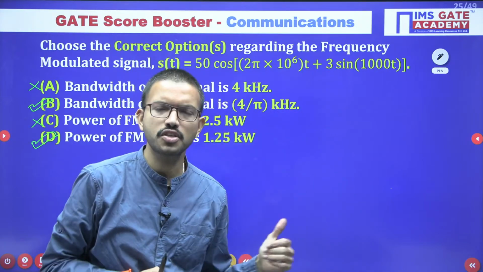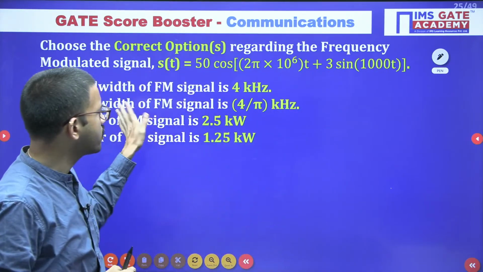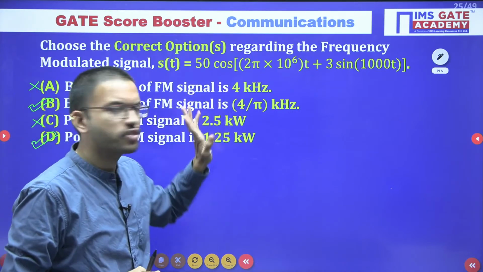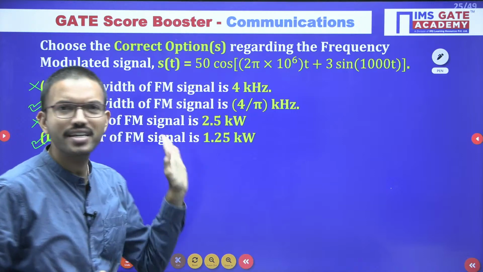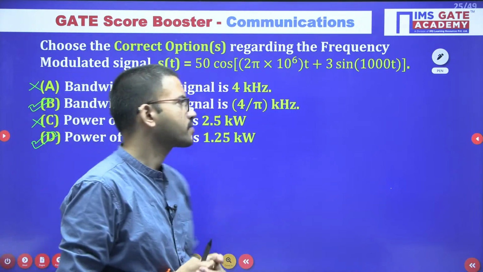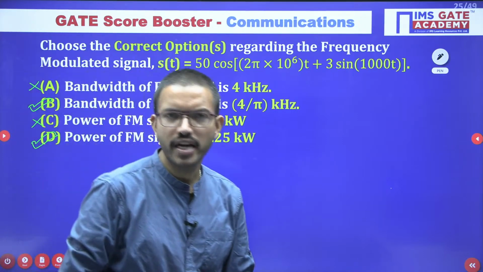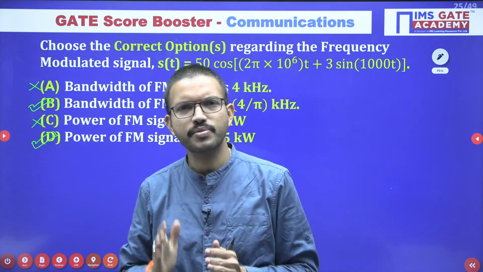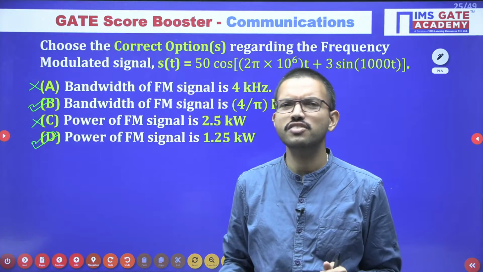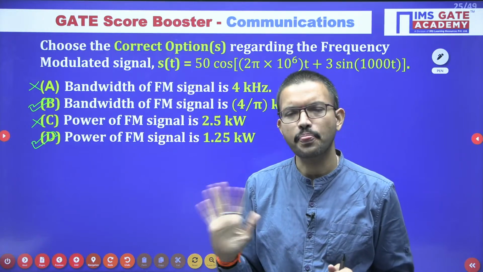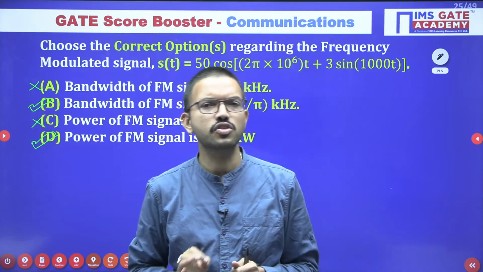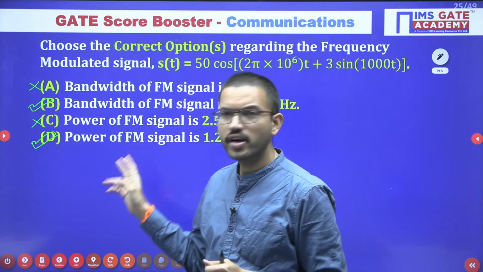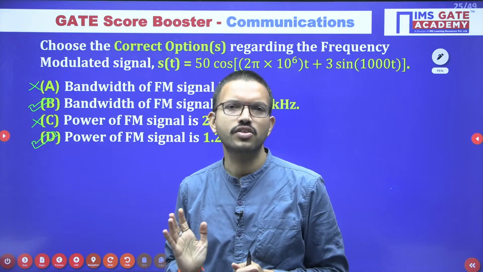Suppose the question is MCQ, and you have solved with respect to bandwidth and luckily got one of the two choices, then you don't need to verify the other two. That is the difference between MCQ and MSQ. If the question is MCQ, the moment you get the correct option, you don't need to verify the remaining options. But if the question is MSQ, you have to verify each and every choice, whether it is really correct or not.